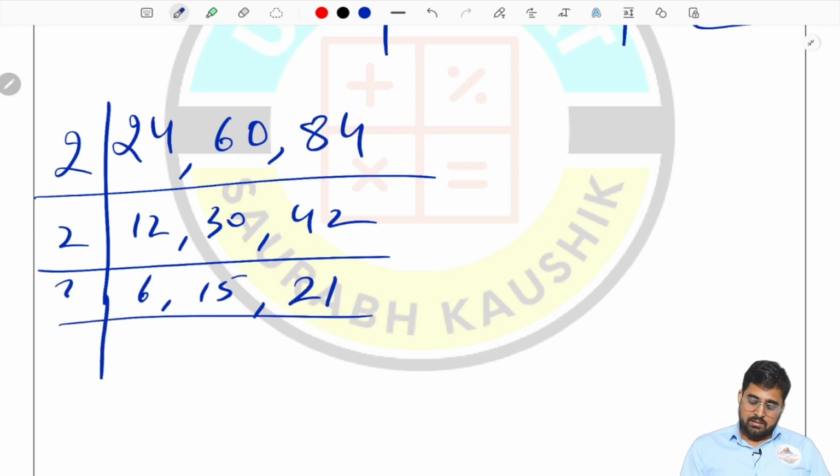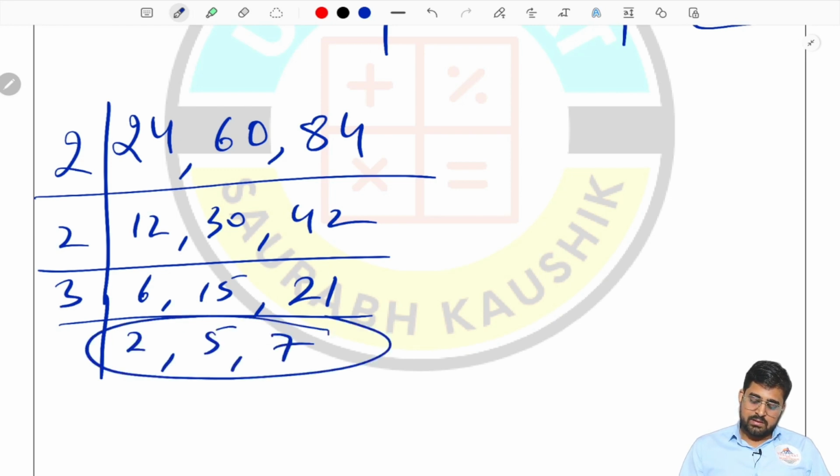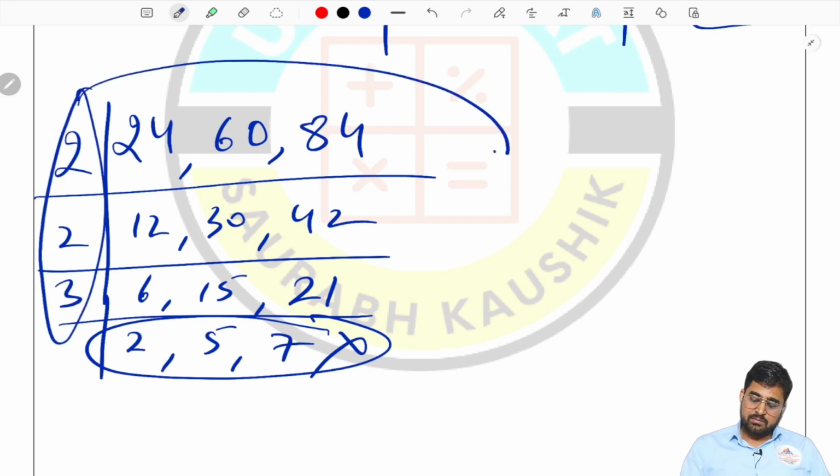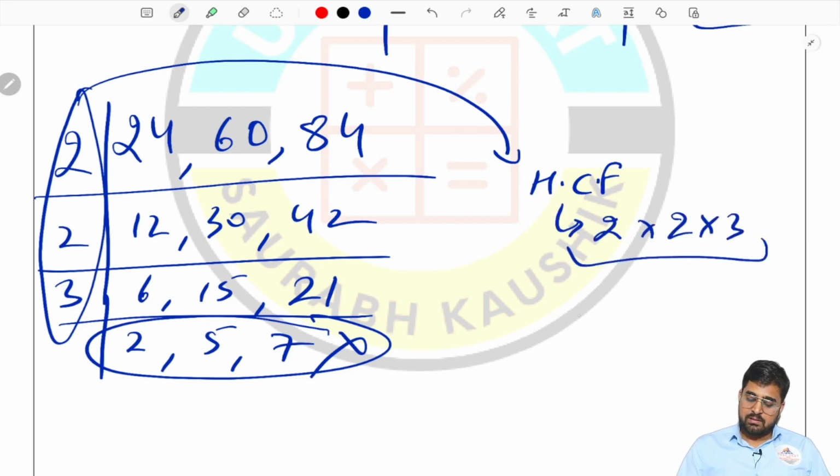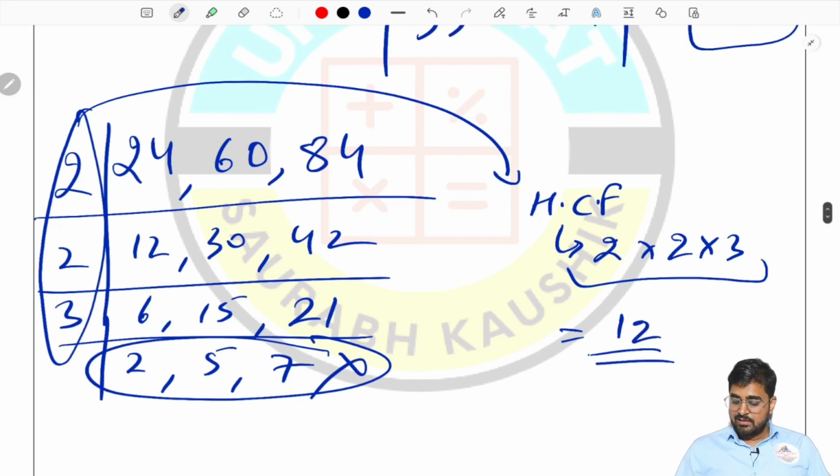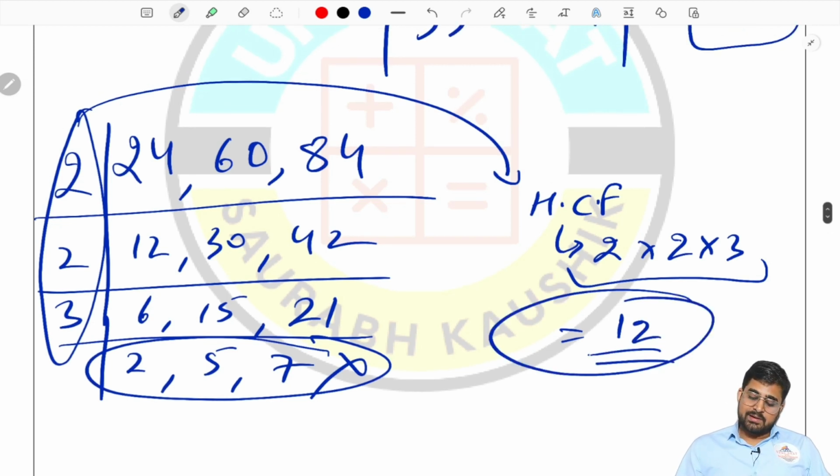Now I do the 3: 2, 5, 7. Now nothing is common. These are the highest common factors. What are they? 2 into 2 into 3. So the number comes to 12.